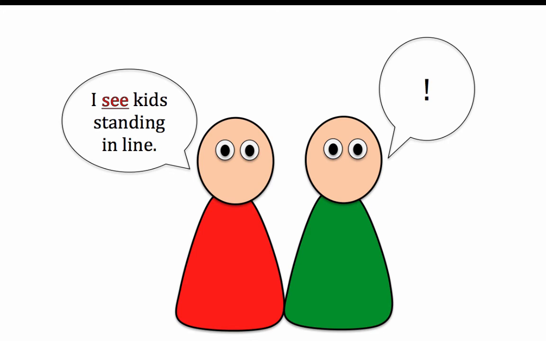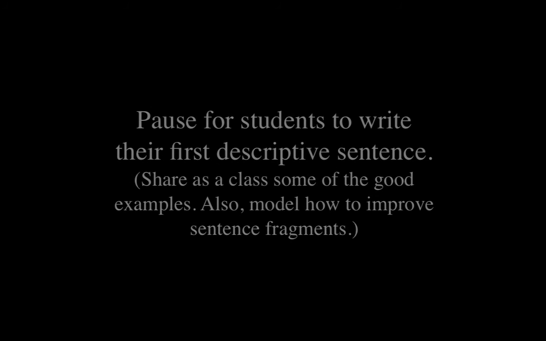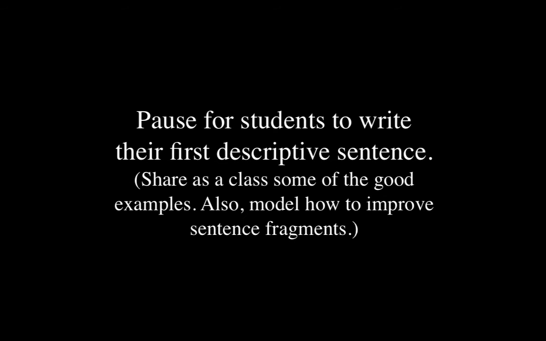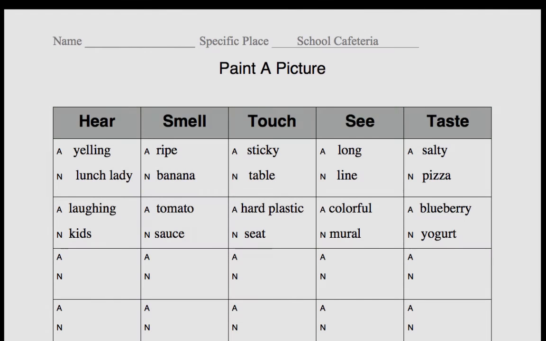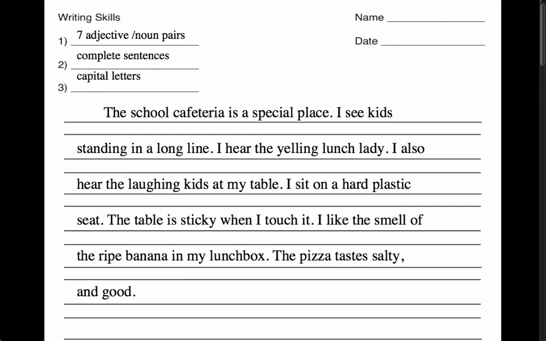By including the sense as a part of my sentence, it becomes a complete thought. Now write sentences for each of the other descriptive details in your paint a picture worksheet.